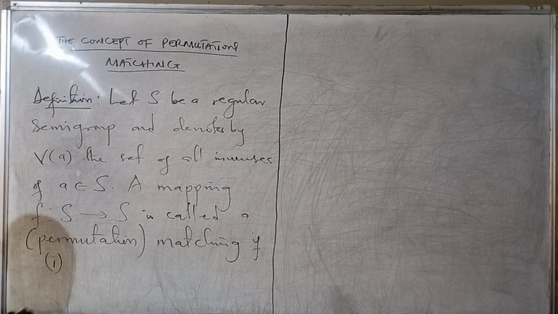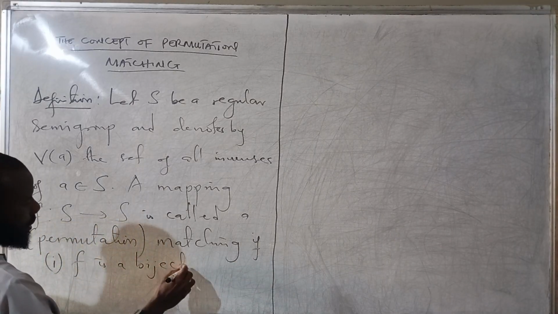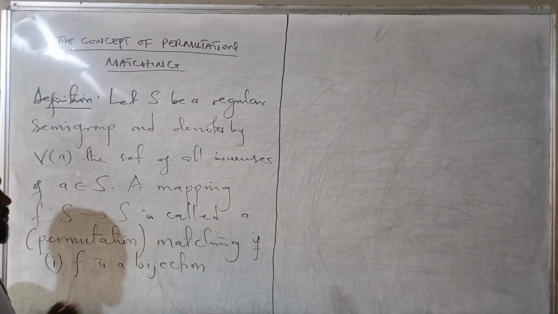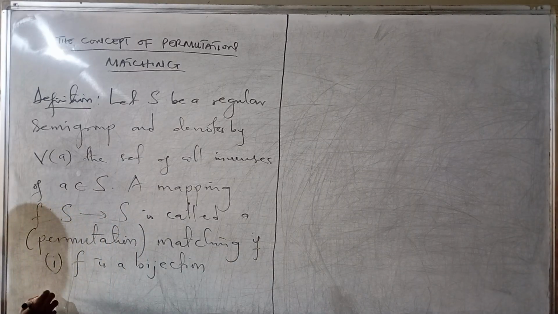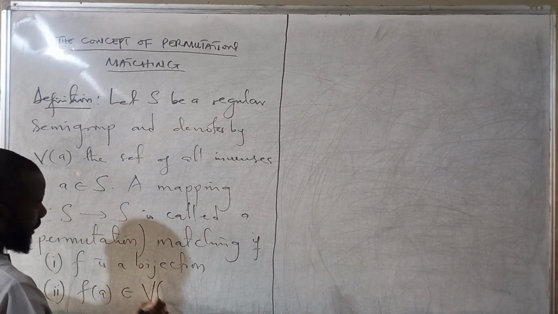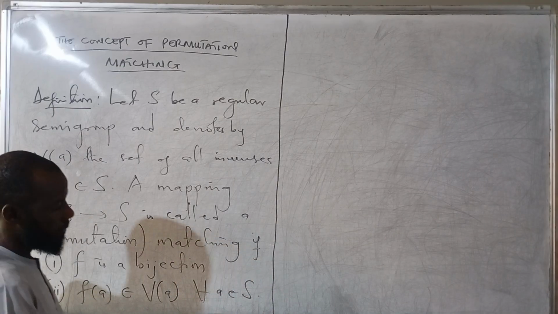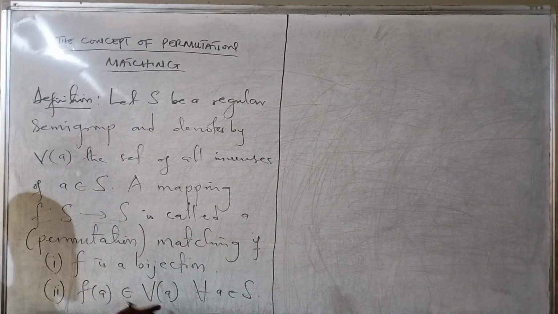The first condition is that the map is a bijection, meaning it is one-to-one and onto. And then secondly, it has to satisfy the property that FA is in VA for all A in the semigroup. So every element is mapped to one of its inverses. So this is what we call permutation matching.